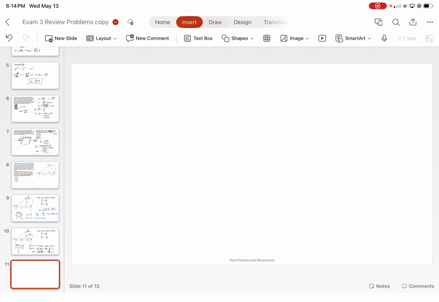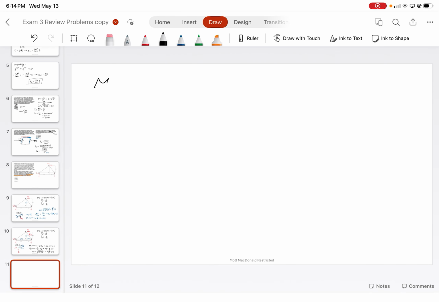From here, we develop a nice little table. We're going to have a member table, an N table, an N bar table, and then we calculate N bar L over EA for each member.